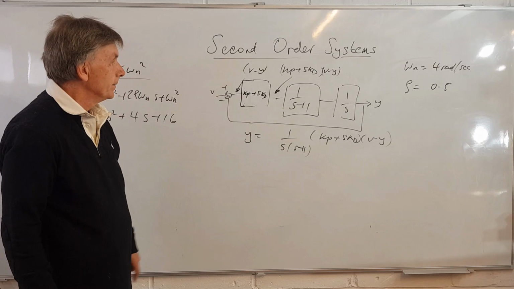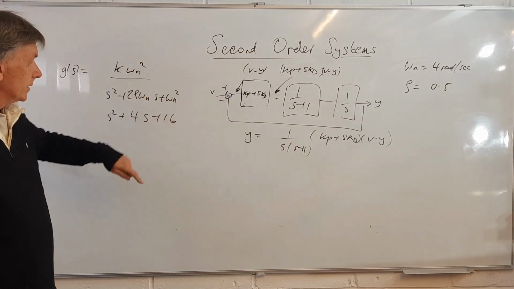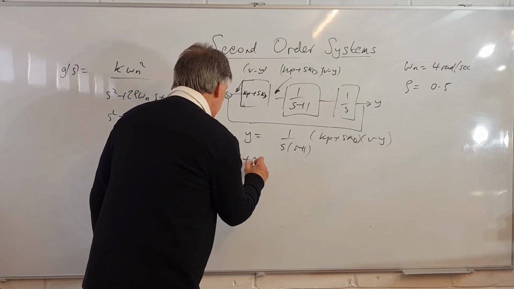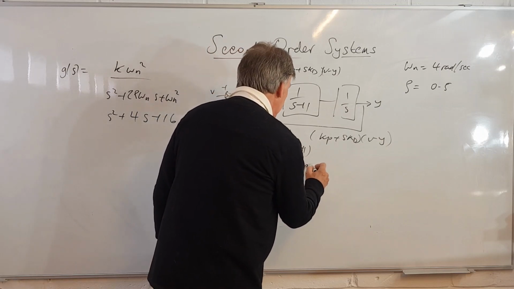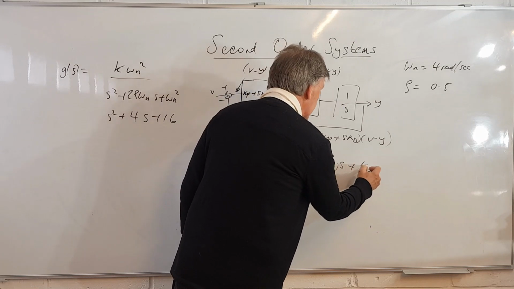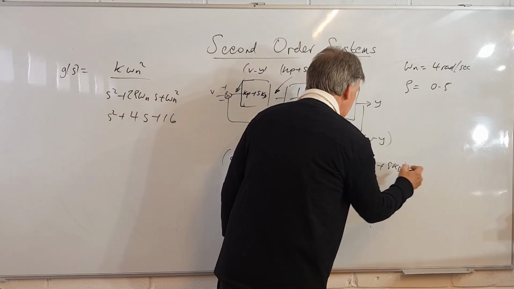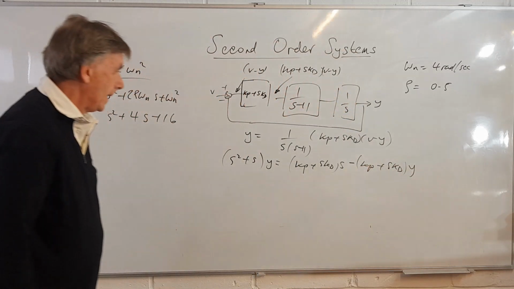So this is that times out. Now rearrange this to try and get into this form. So we can get s squared plus s times y is Kp plus s Kd times s plus Kp plus s Kd times y. That's a minus sign in there.